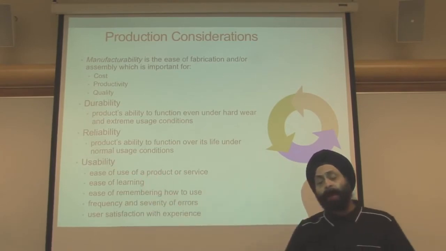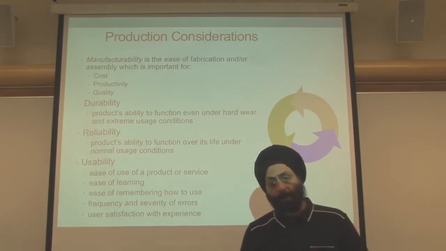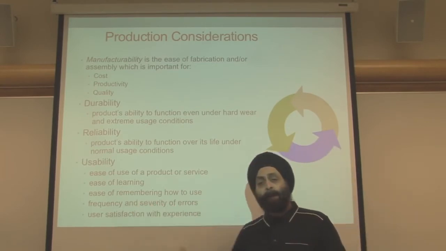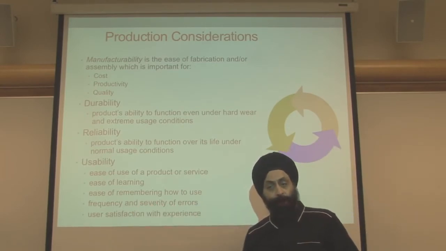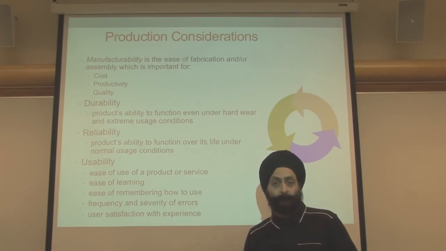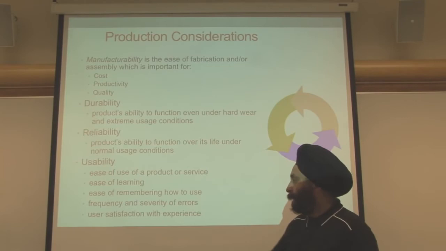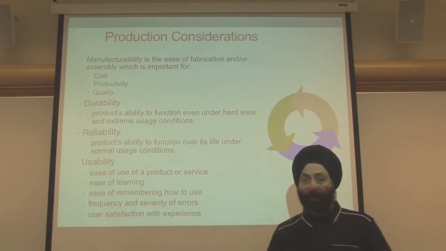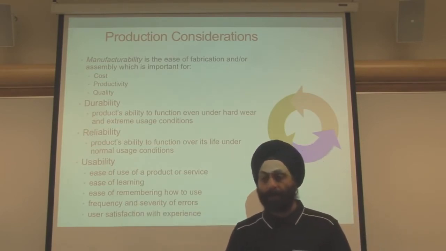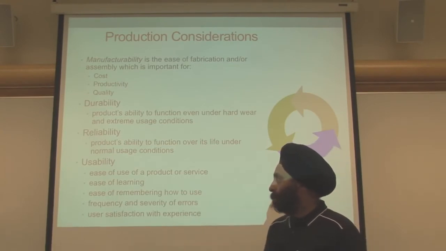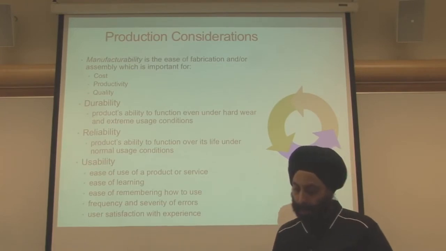Ease of learning how to use it is one of the metrics of usability, as is ease of remembering how to use it. If you use it infrequently, you shouldn't forget how to use it in between uses. The frequency or severity of errors occurring in production or during usage will also impact usability, as will user satisfaction with the experience and how they like it.